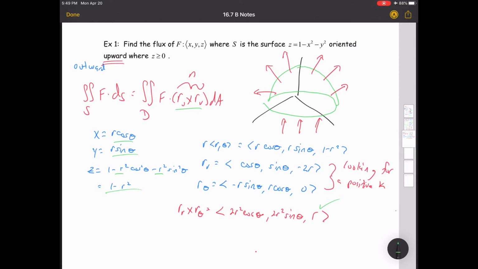So let's go ahead and take our double integral over D of F parameterized, which is r cosine theta, r sine theta, 1 minus r squared, dotted with our cross product that we just found, 2r squared cosine theta, 2r squared sine theta, r, dA.